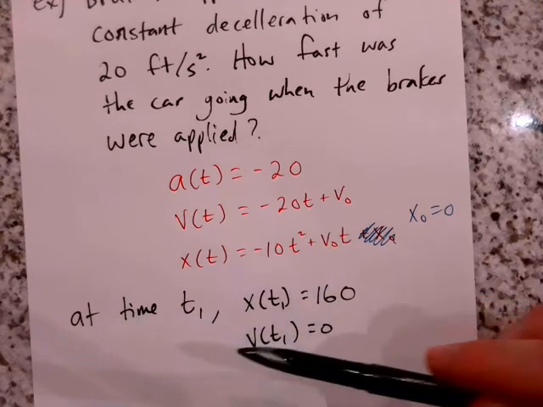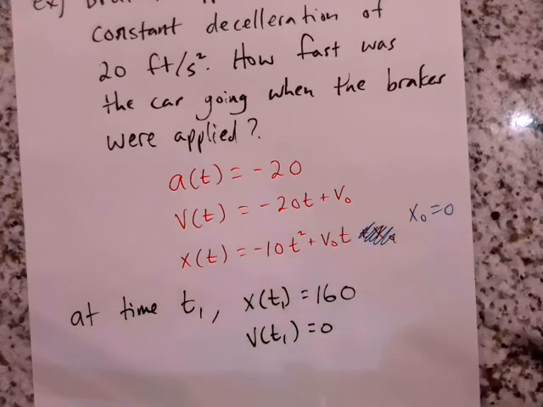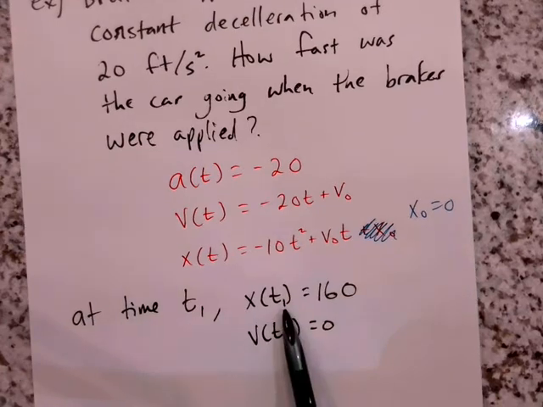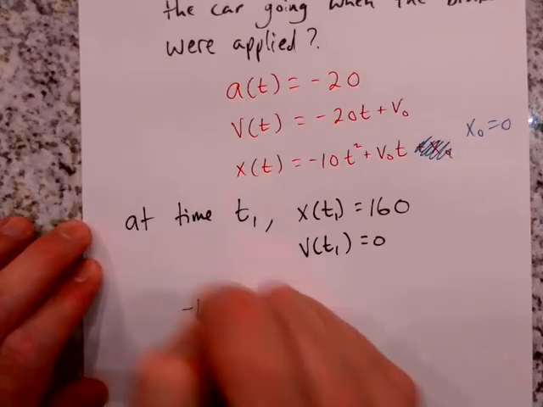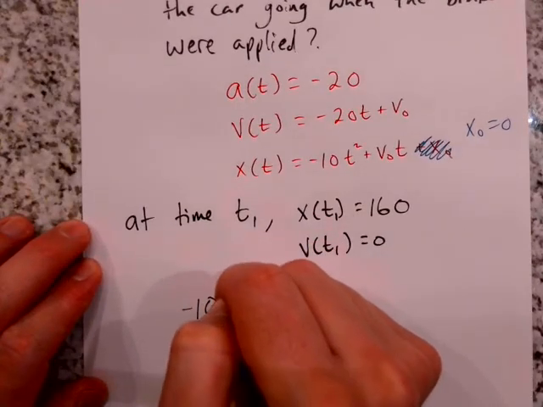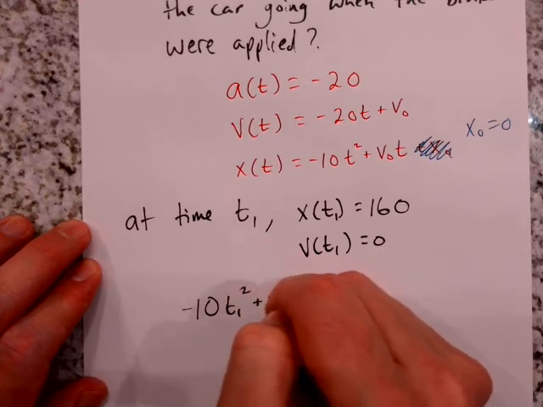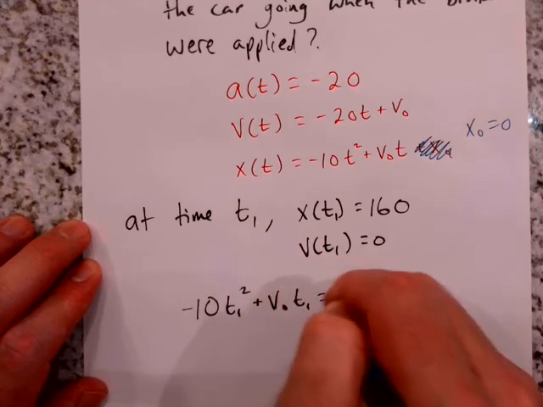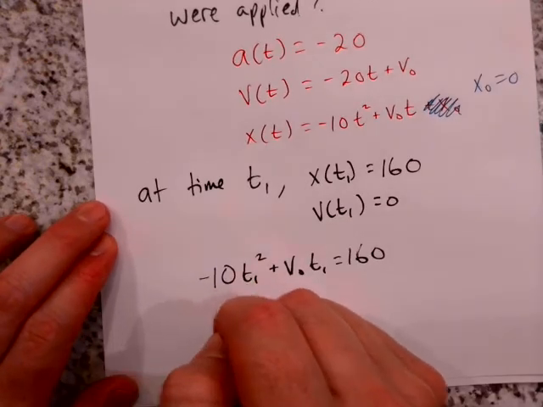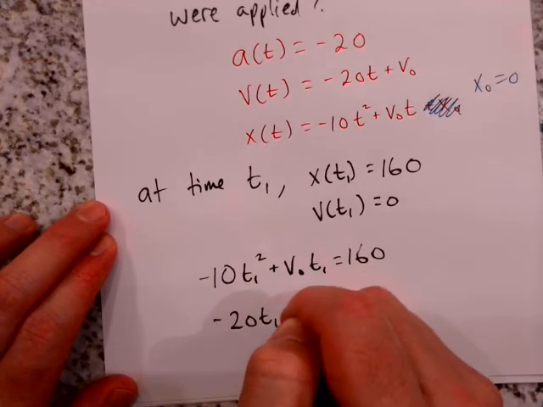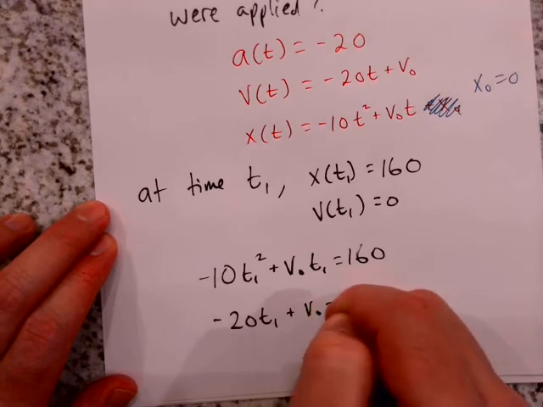So time t1 is as the car brakes, it finally stops. And so we write down those equations. x of t1 is 160, means negative 10 t1 squared plus v naught t1 equals 160. v of t1 equals 0 gives you negative 20 t1 plus v naught equals 0.